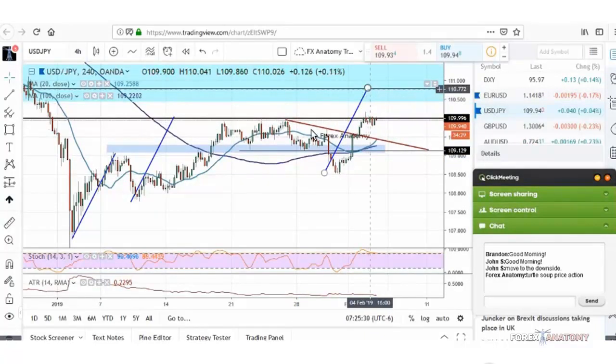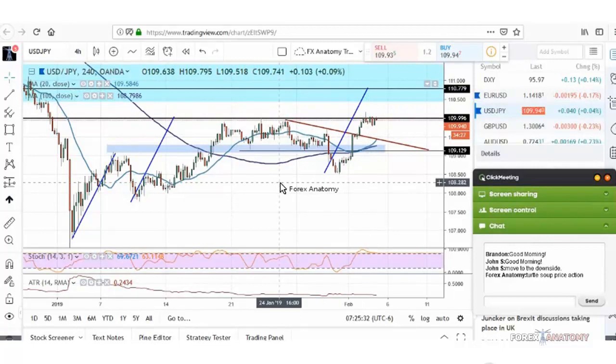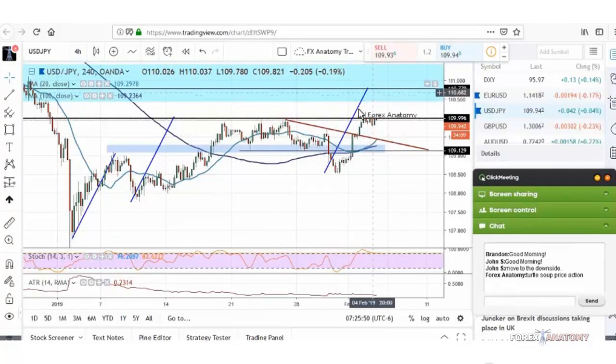Right to this level that I talked about, the 110.78 price level, which is a key level. I can't get into the specifics behind why I identified that level. You would have to be a member of our private trading community in order to know that. But we may see a projection and an extension to this 110.78.